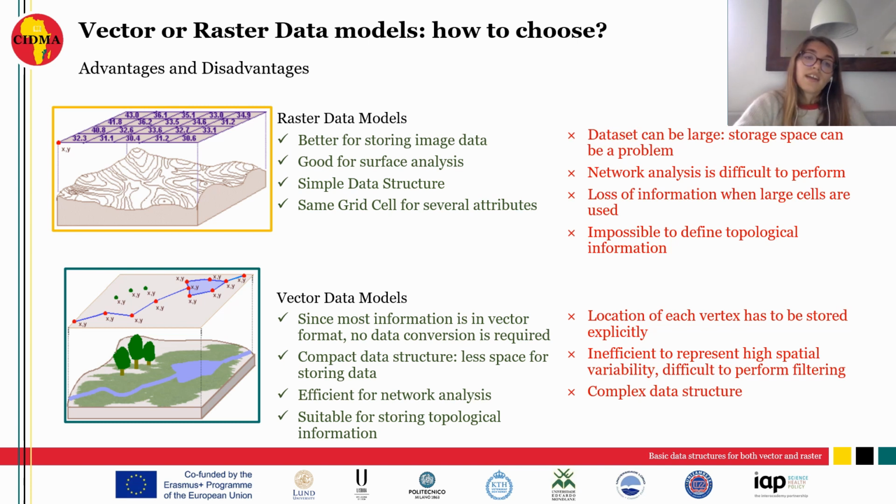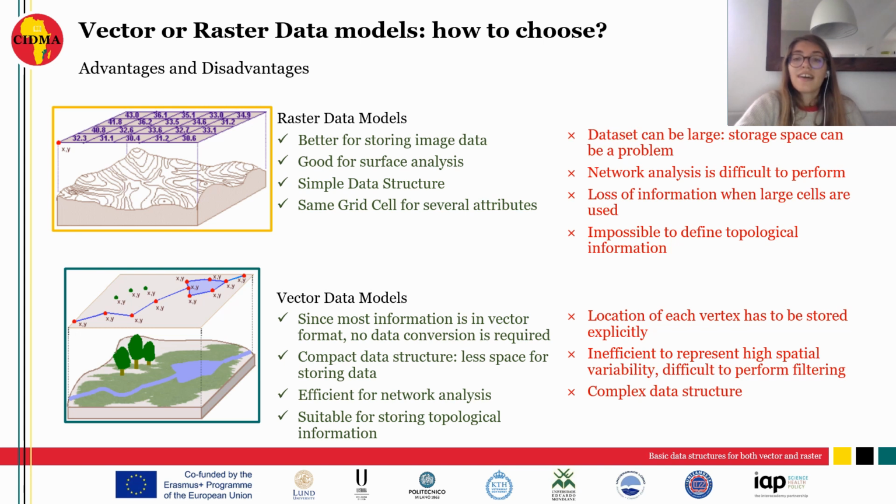Then, if we go to vector data models, since most information such as maps is represented with discrete objects, no data conversion is required when we want to use the vector format. Also, they have a compact data structure, which means less space for storing data. However, this data structure is complex. That is a disadvantage.